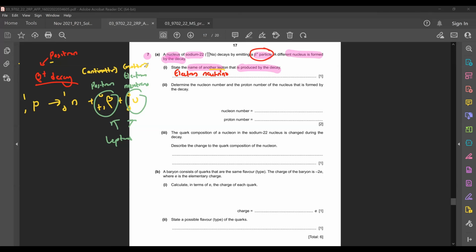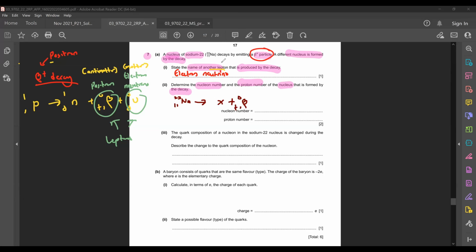Then the second part of the question asks you to find the nucleon number and proton number of the nucleus that is formed by the decay. You need to look at the actual decay process here where we tell you sodium-22, 11, decays by beta plus particle emission to give you some unknown nucleus. Let's just say the nucleus is X plus beta particle.